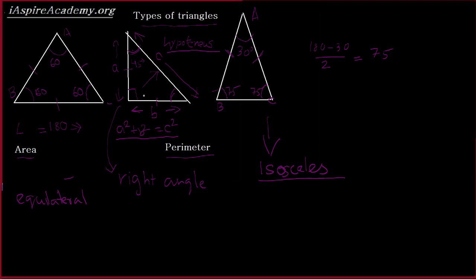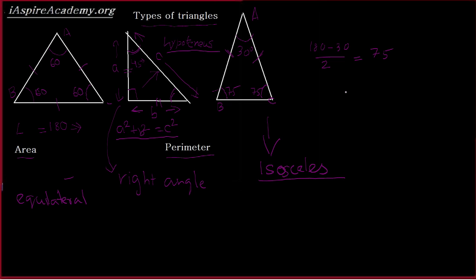Also, in some right angle triangles, if you are given that these two sides are the same, then it is both a right angle and an isosceles triangle. Those are the three main types of triangles, and we will cover some problems associated with them.